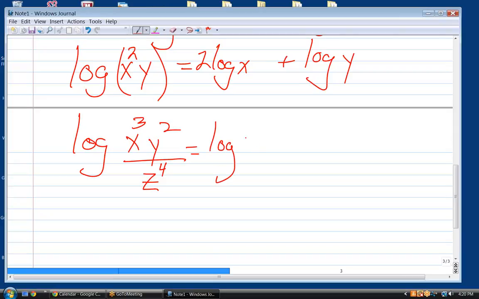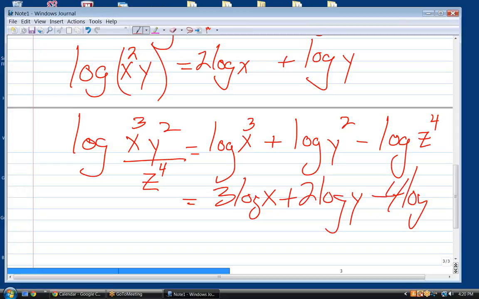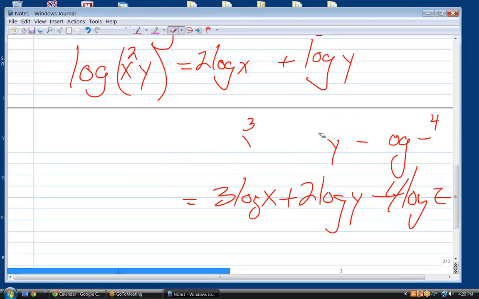It will be log of x to the 3 plus log of y to the 2 minus the log of b to the 4. And now, to fully expand it, bring all those exponents down. So it would be 3 log x plus 2 log y minus 4 log b. Perfect. Okay. These can get harder.